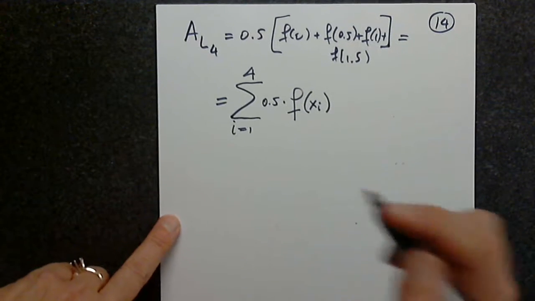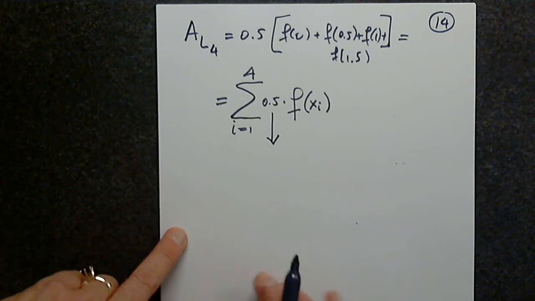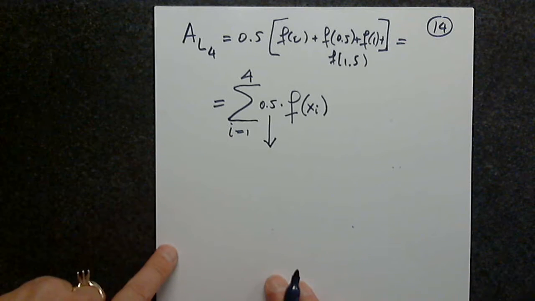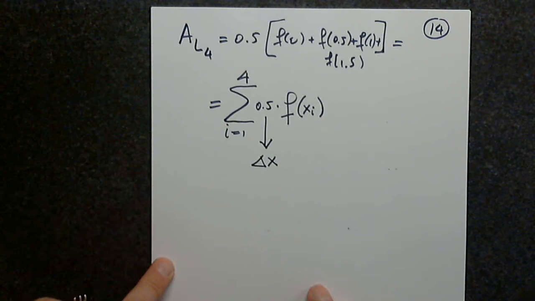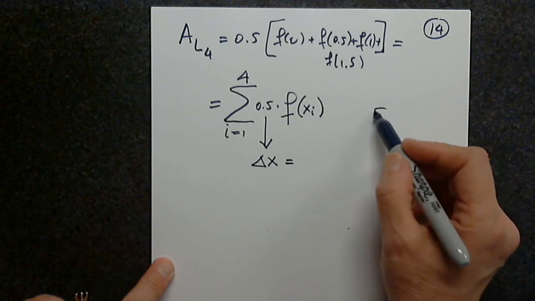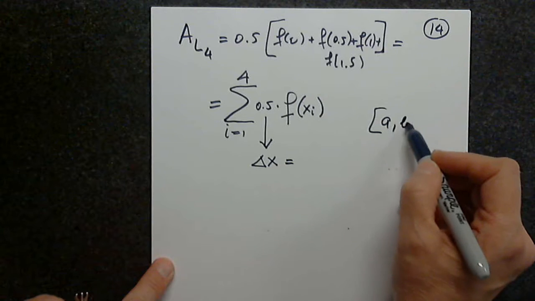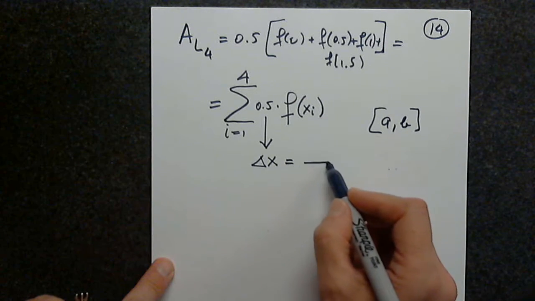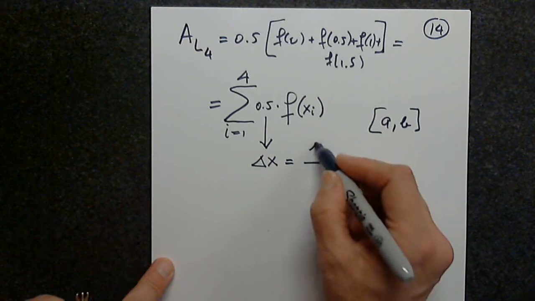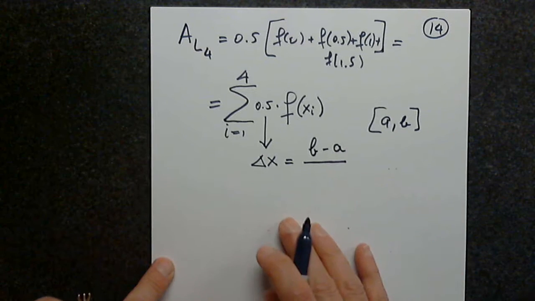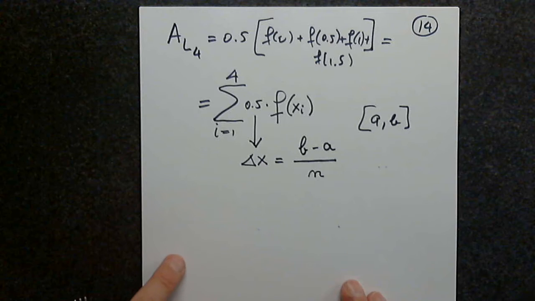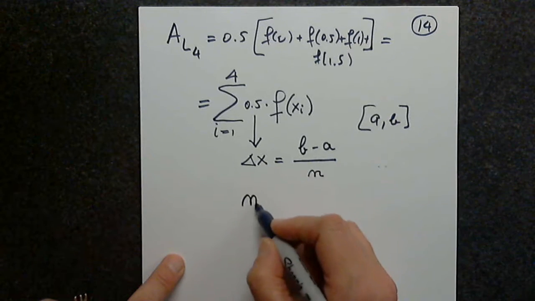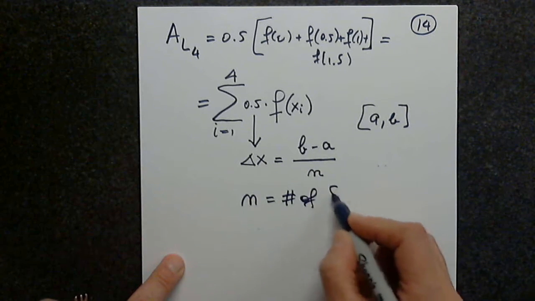Okay. How do we denote this? You're going to remember something that we used before a lot, delta x. If the interval is a, b, delta x will be b minus a divided by n, where n is the number of subintervals.